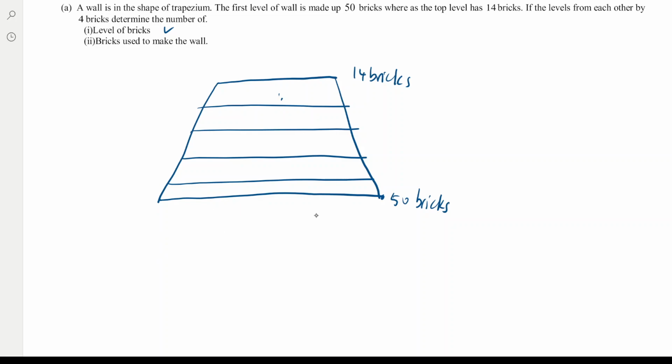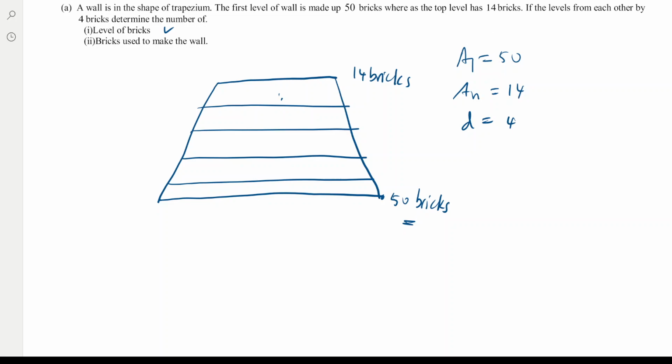In our case, we consider 50 as the first term of the arithmetic progression. So A1 equals 50, An equals 14, common difference equals 4.